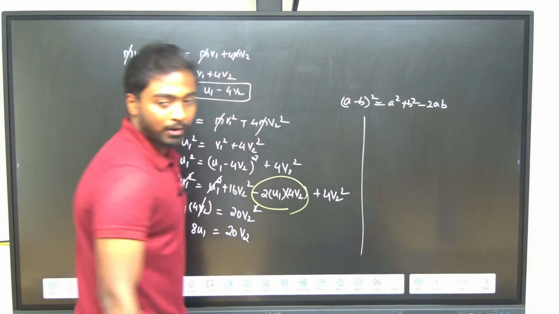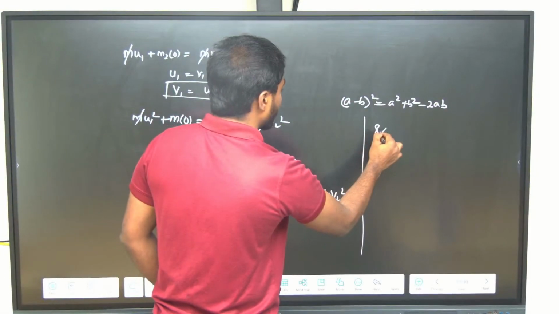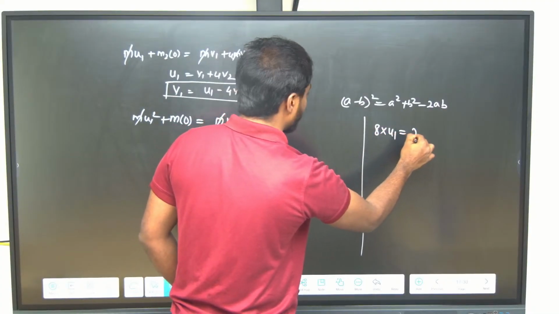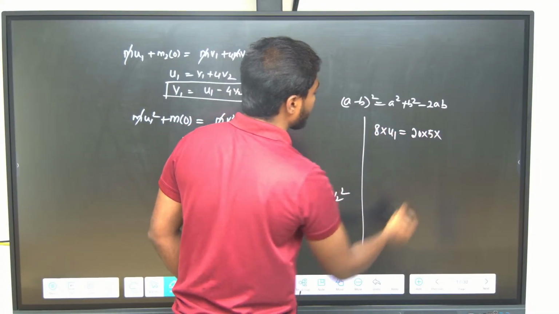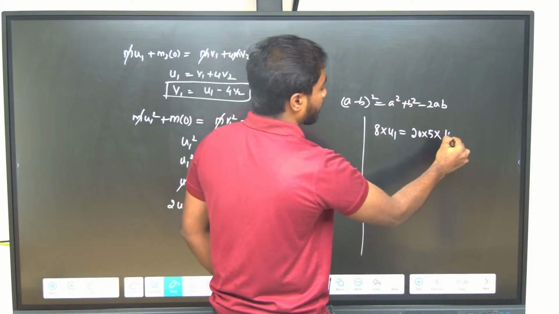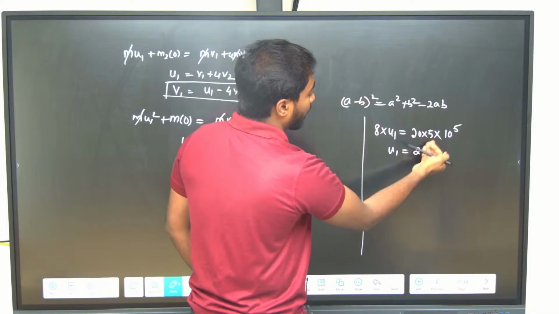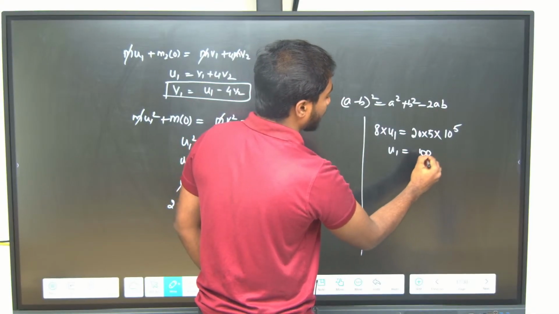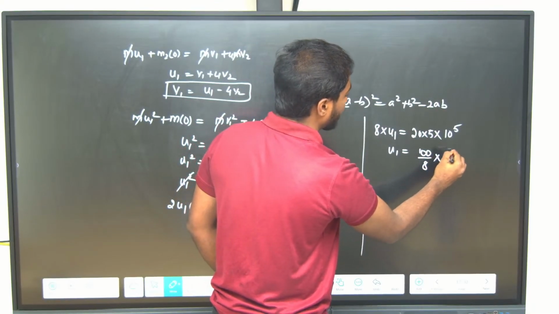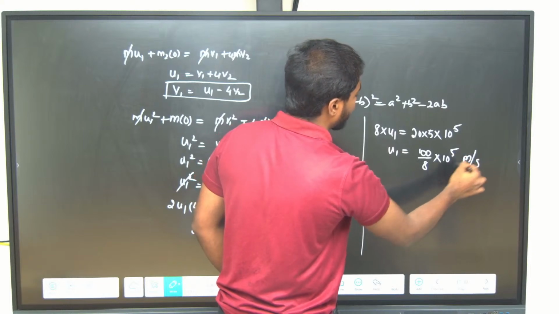So what is v2? 2 into 10 power 5. So 8 into u1 will be equal to 20 into 2 into 10 power 5. So u1 will be equal to 100 divided by 8 into 10 power 5 meter per second. Can you calculate this one?